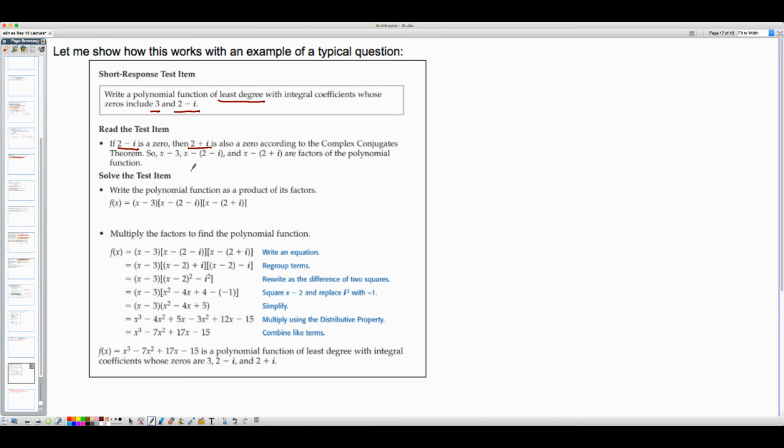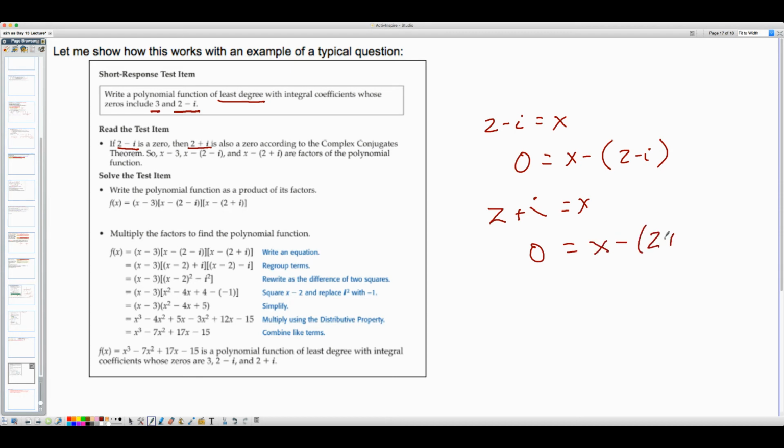These are the conjugates. Notice I have, if this is a 0, that means that 2 minus i is equal to x. So 0 is equal to x minus 2 minus i. If I have 2 plus i is equal to x, then I have 0 is equal to x minus 2 plus i.